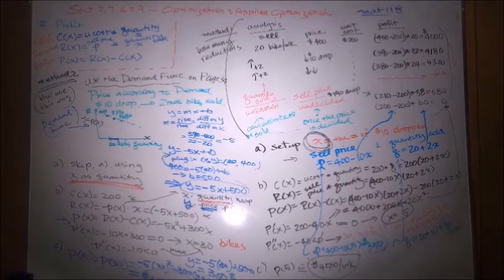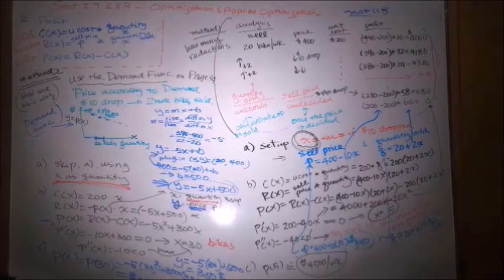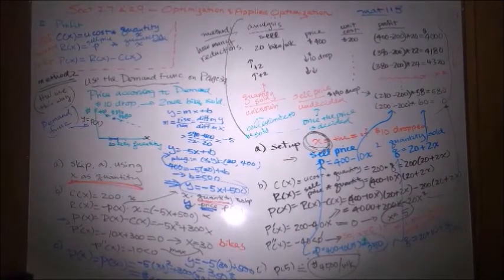Okay, let's look at the next one on your page 57. It's a similar concept, okay? So it says, an orange grower finds that if he plants 80 orange trees per acre, each tree will yield 60 bushels of oranges.